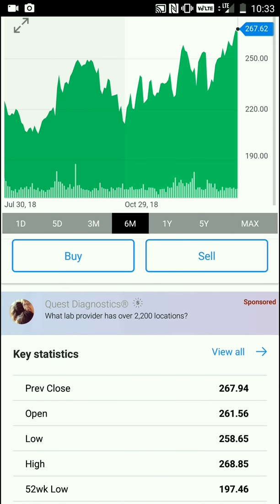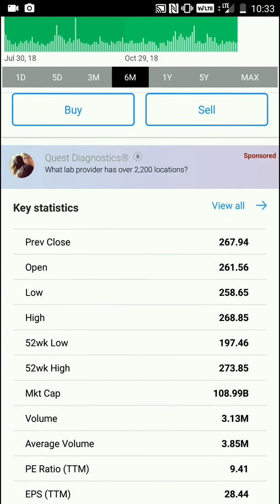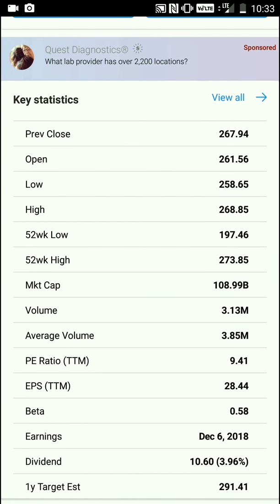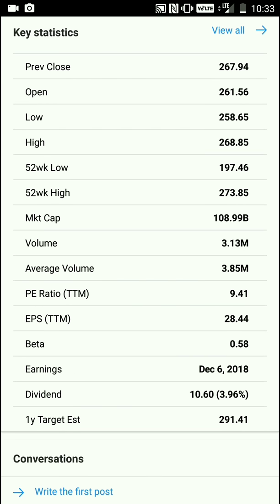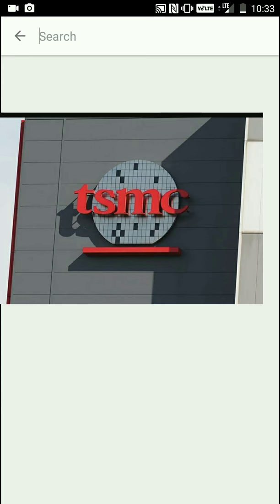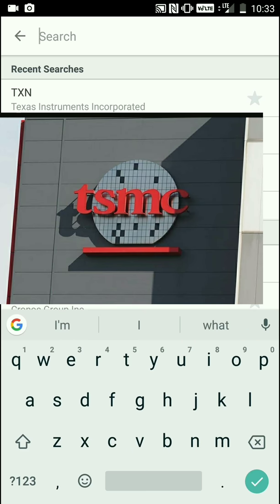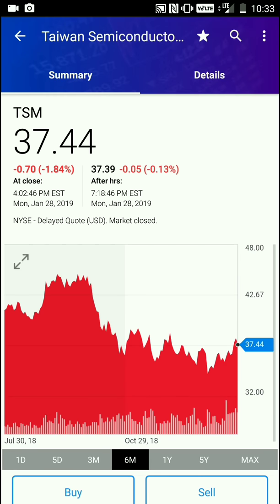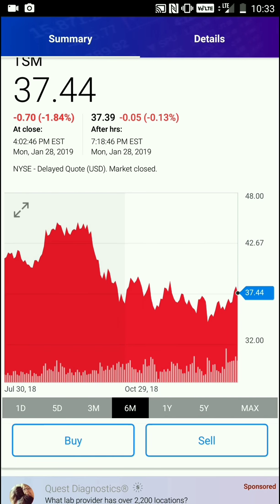My very first reason is its PE ratio. It has an extremely low PE ratio of 9.41 currently, which I think is relatively low compared to its industry, such as if you look at TSM, Taiwan Semiconductor.